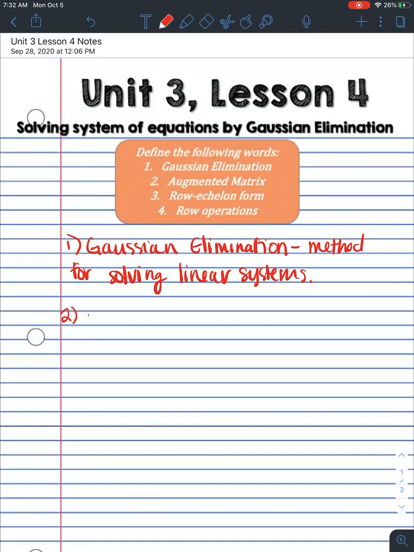Number 2, we're going to use Gaussian elimination by setting things up into an augmented matrix.